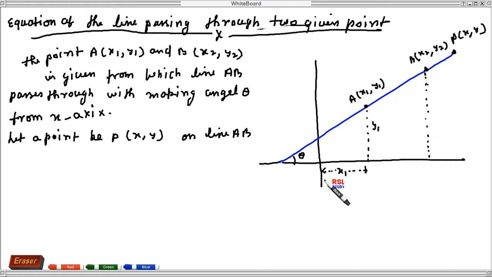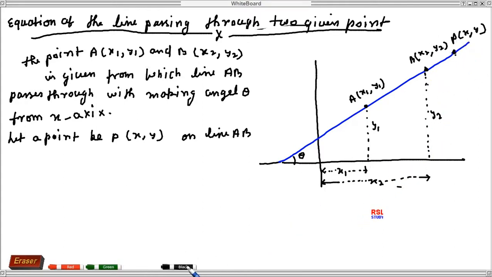Similarly, we will travel x2 units on the x-axis and y2 units on the y-axis, then we will reach point B, whose coordinates will be (x2, y2).